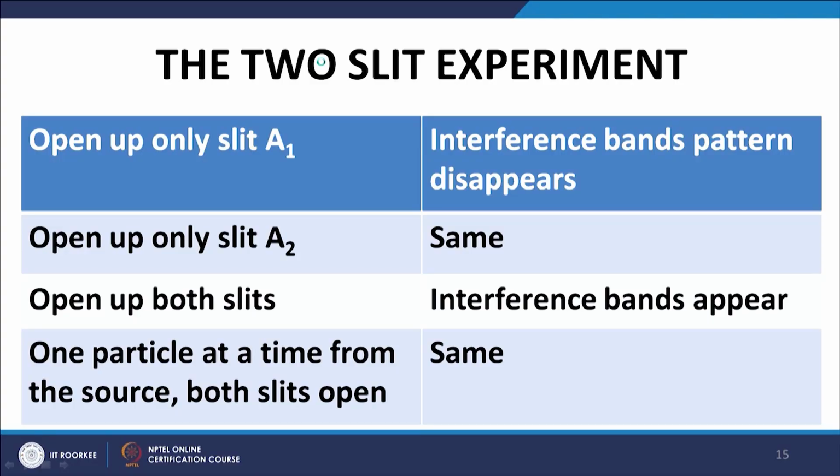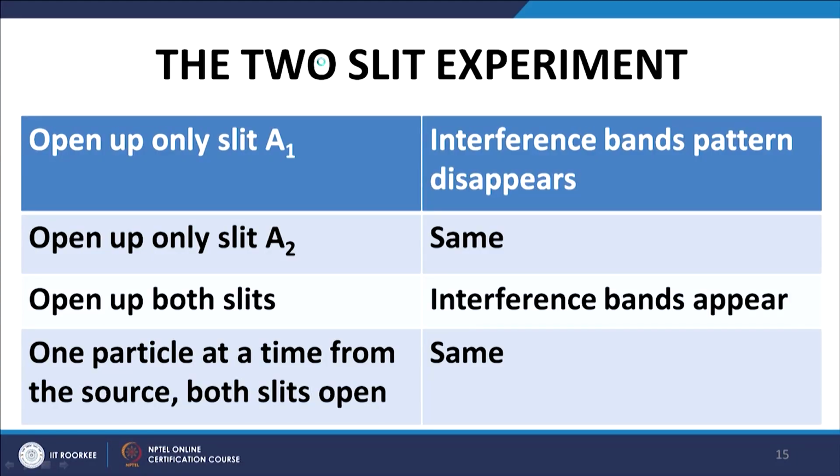So let us summarize the observations of the two slit experiment. If you have only one slit open, then there is no interference; you see only a single band on the detector screen O. If you open only the second slit, again the same thing happens: you get only one single band, no interference.